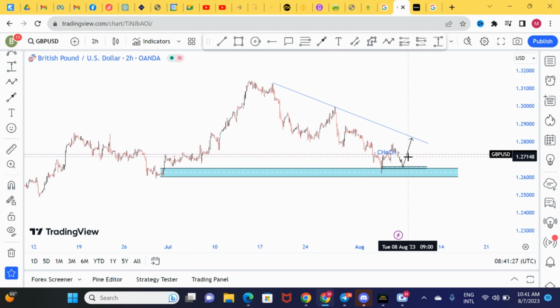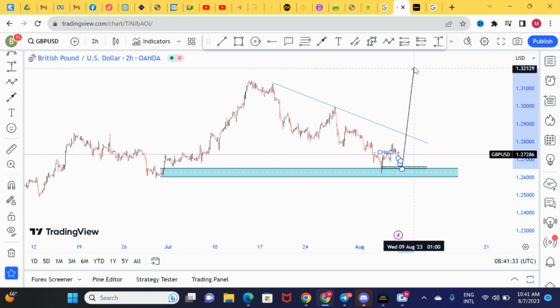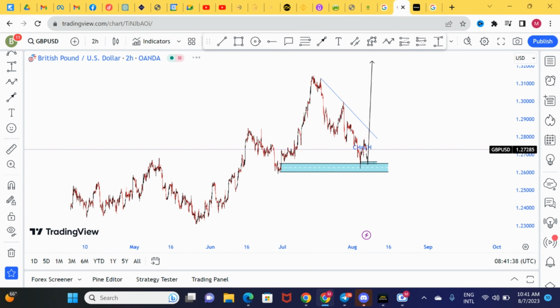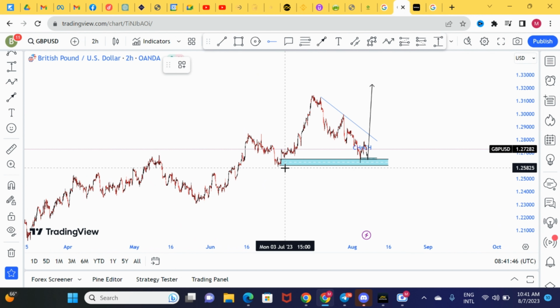So I'll wait for the market to reach this level in the same zone, and then I'll take this buy, right? This is what I'll be looking to do on GBPUSD. So let's wait for the market to retrace, come back here, and we'll take a buy. I'll be confident to put my stop loss maybe slightly below there.